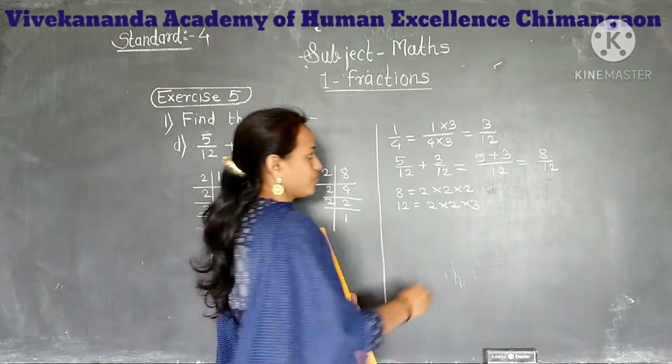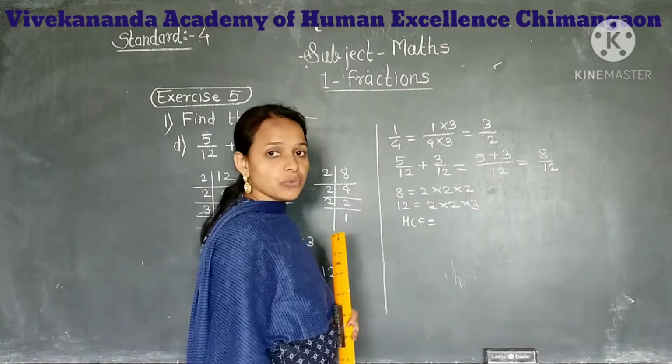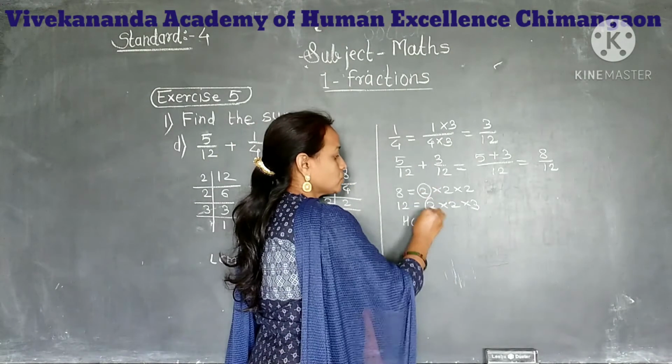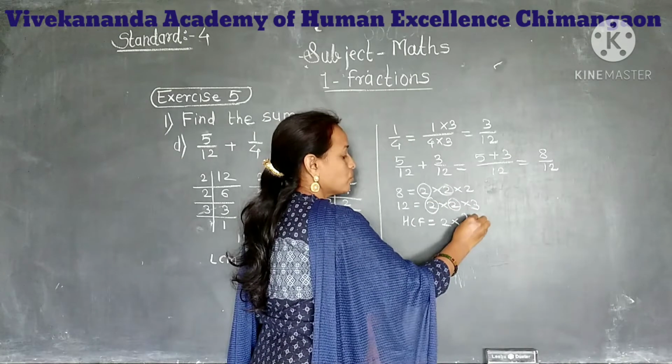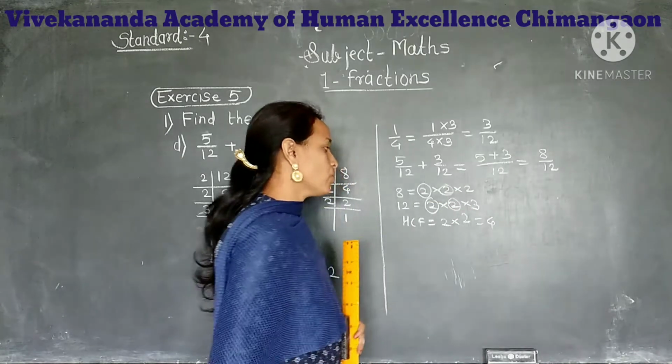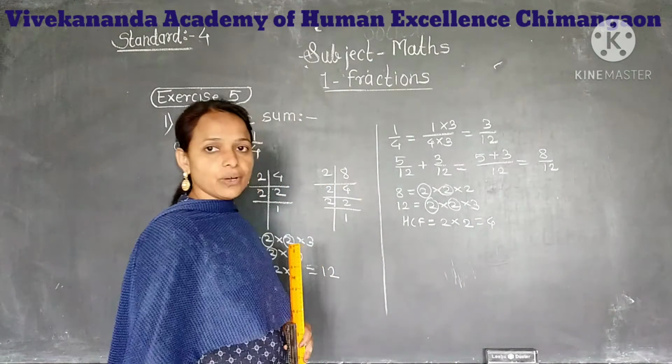HCF. So we have to find common factors. So 2 into 2, 2 2s are 4. Now we divide 8 and 12 by 4.